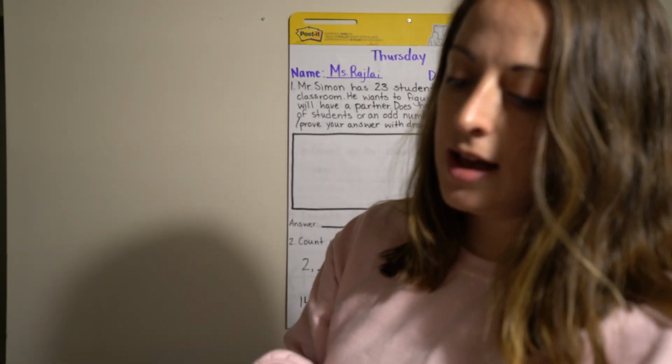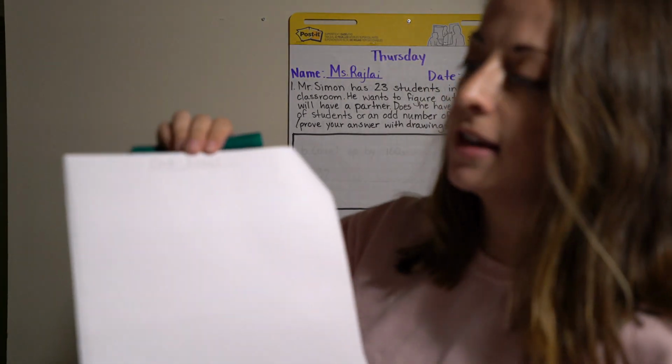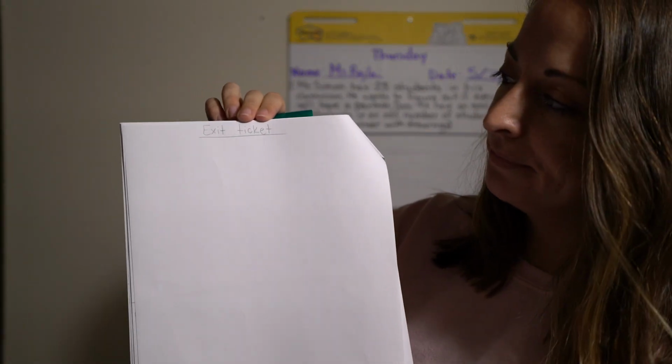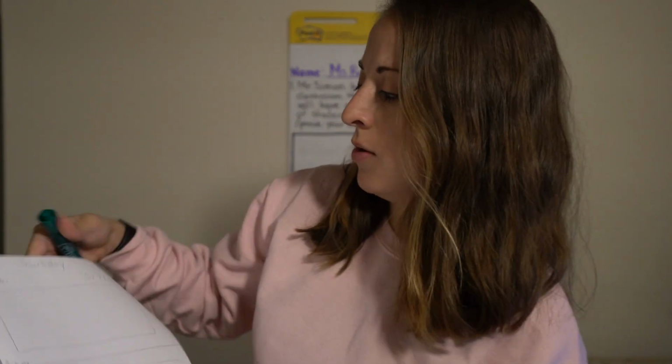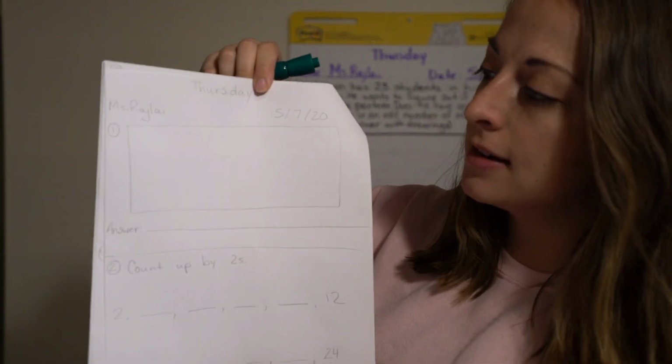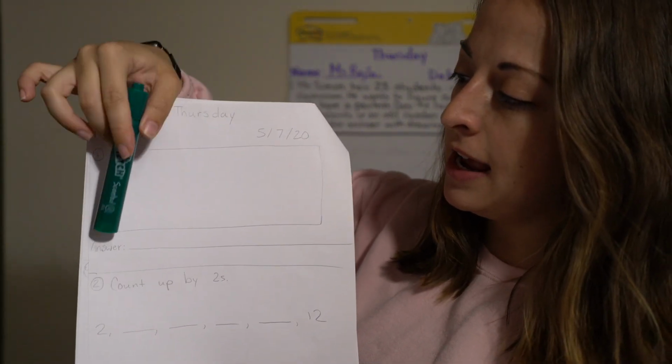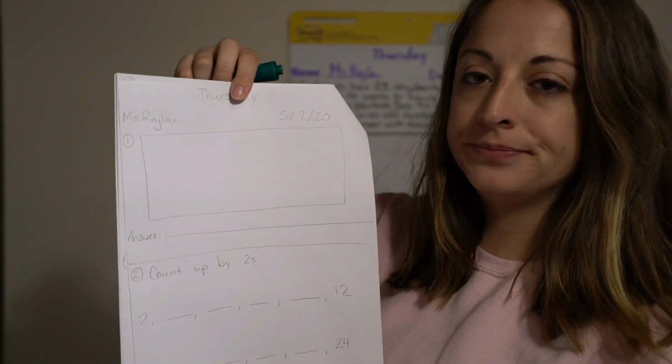And then on the last page, you're going to write exit ticket at the top. Okay, let's get started. All right, we're gonna go on to question number 1. So you're drawing a box and then you're writing answer with the blank line.